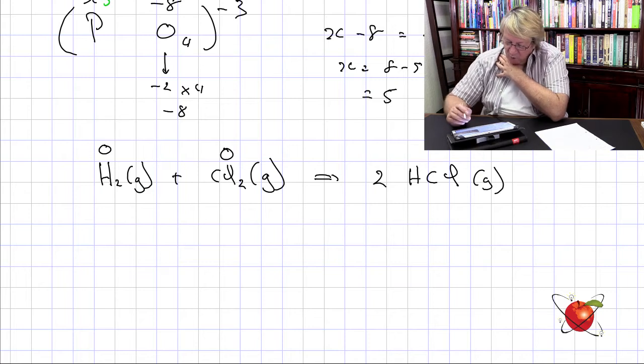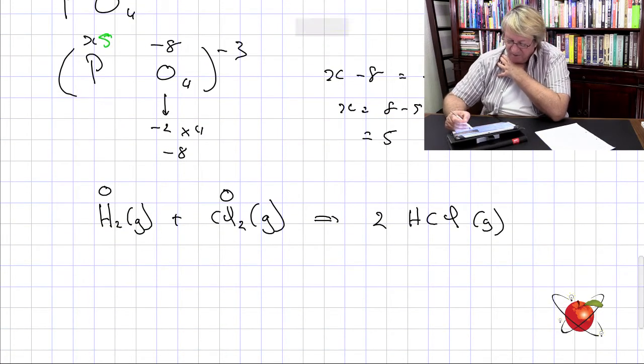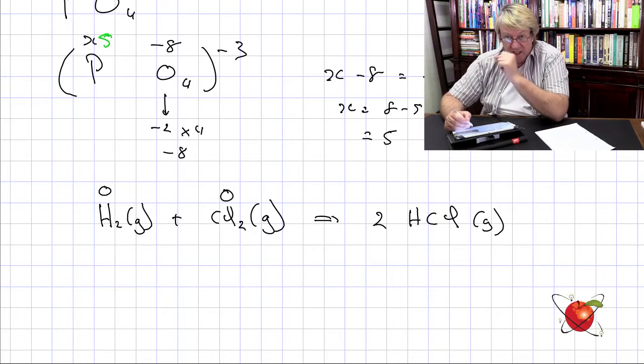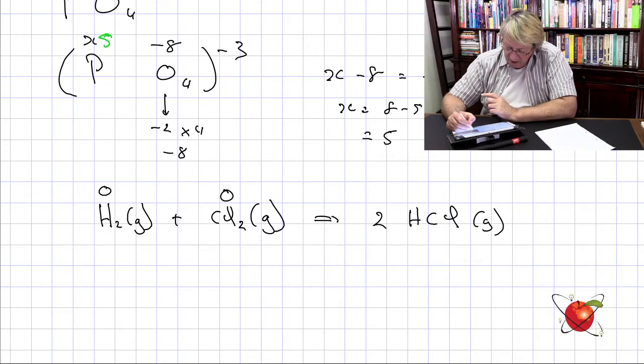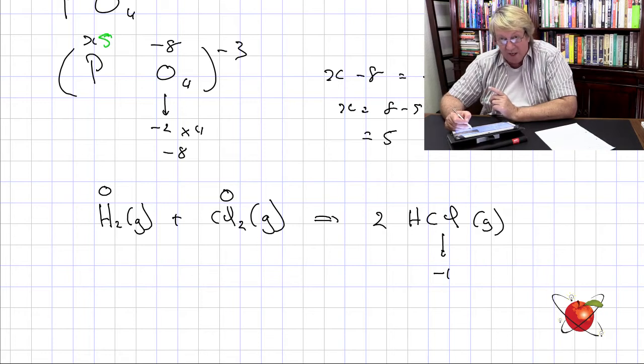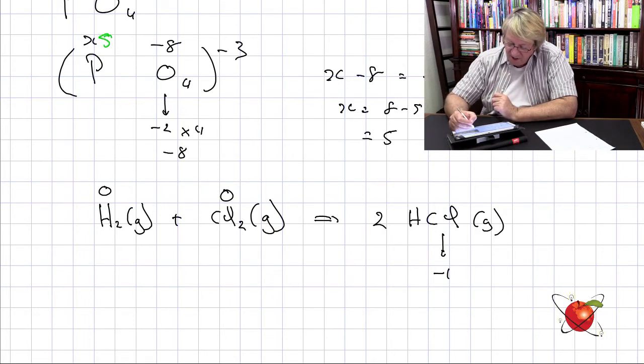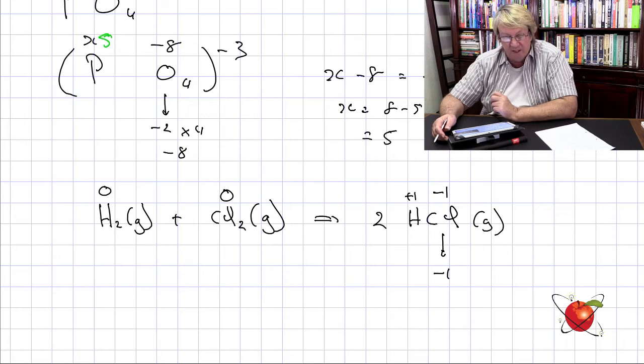Now let's have a look. What would the oxidation number be here? Well, chlorine is the most electronegative. So chlorine, I'd start with you, and I'd say minus 1. I've only got one of you at this point, so I say you're a minus 1. Hydrogen is a plus 1. Correct?